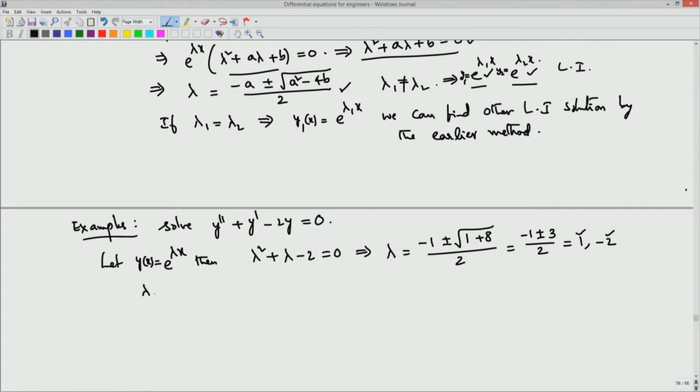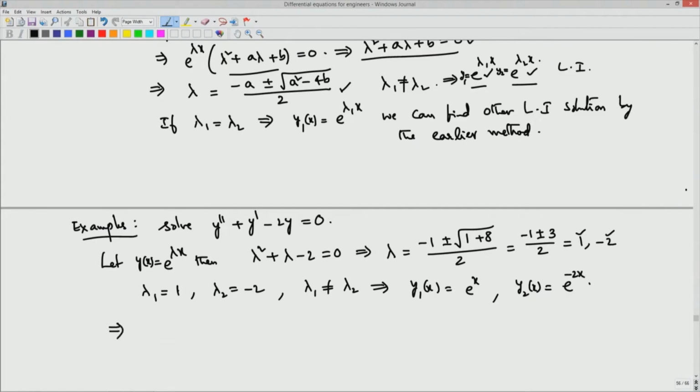Since lambda 1 equal to 1, lambda 2 equal to minus 2, and lambda 1 is not equal to lambda 2, this implies you have y1 of x, where you put instead of lambda what you found, your lambda 1. Instead of lambda you put lambda 2. So, you have e power x is one solution, y2 of x is e power minus 2x is another solution. These are two linearly independent solutions.